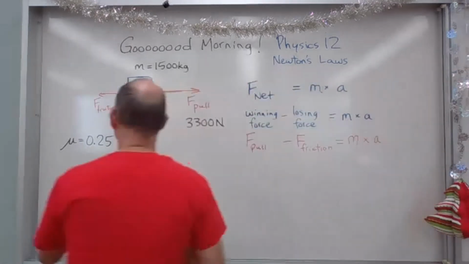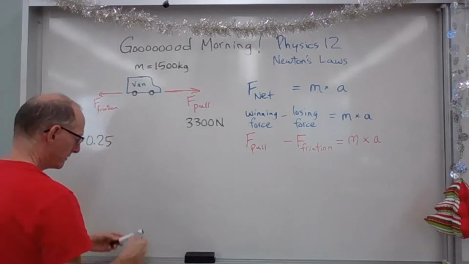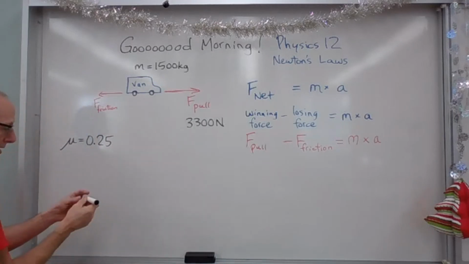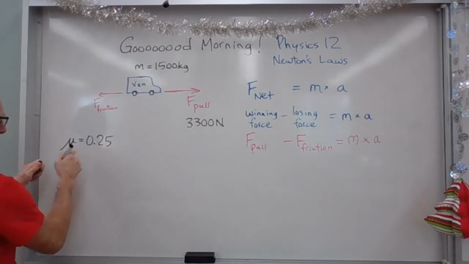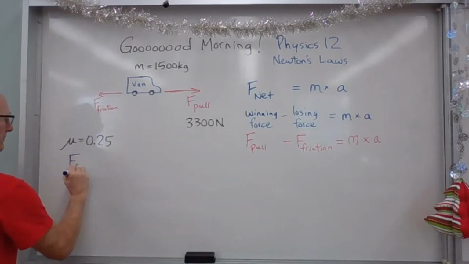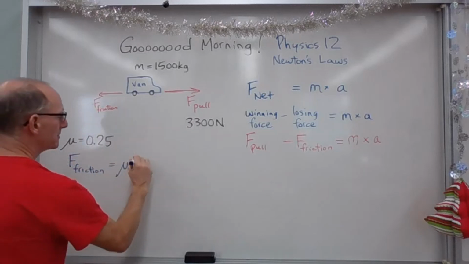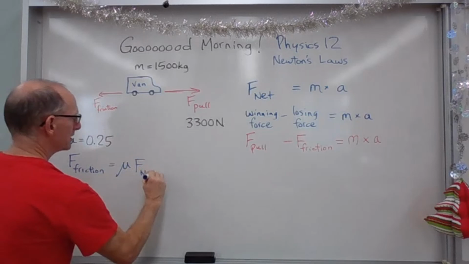So we need to find out what this force of friction is first. And hopefully we'll get a good number here. Force of friction is mu times the normal force.